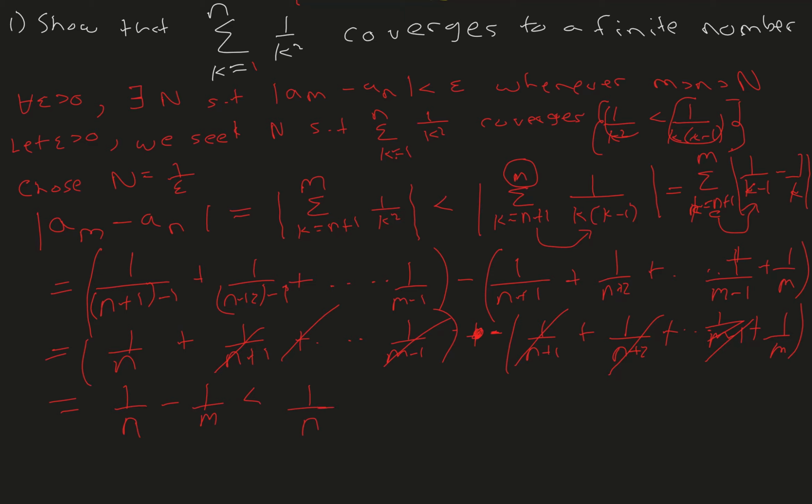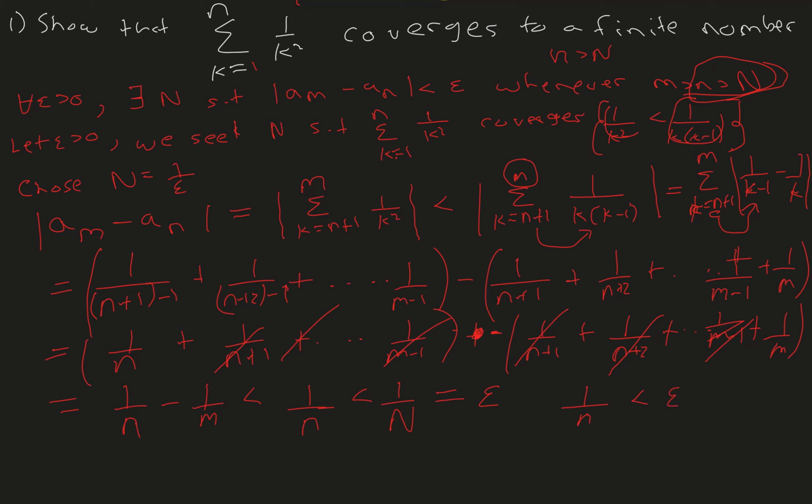And remember that n is greater than capital N. From right here we get that n is greater than N. So 1 over n is less than 1 over capital N, and we chose 1 over capital N to be equal to epsilon. So we get 1 over n is less than epsilon.